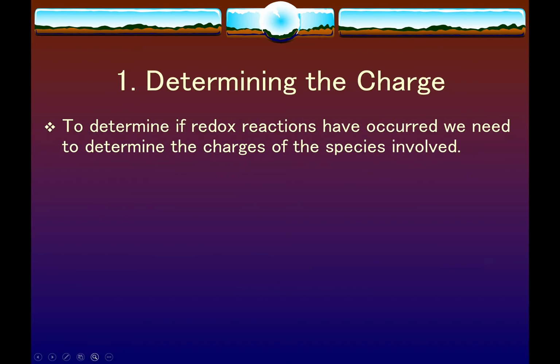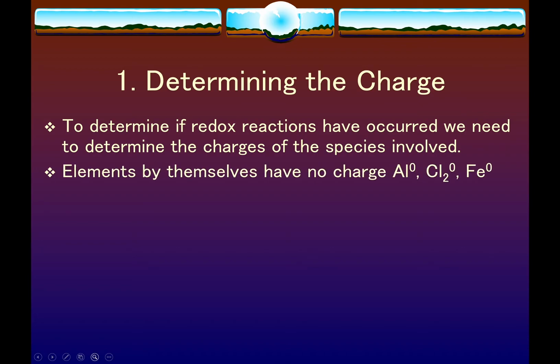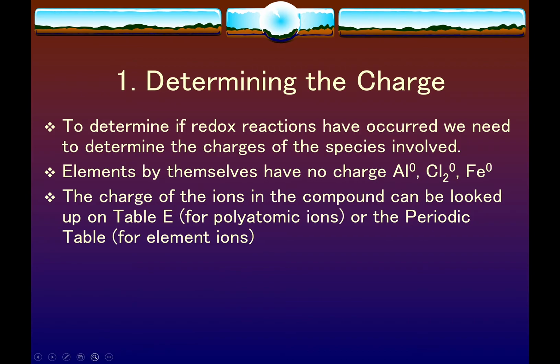Now, in order to do these types of problems, we have to be able to determine the charge that each of our species has, so we can keep track. Does the oxidation number change from beginning to end, or does it remain the same? So we have to look at the charges for every species that's involved. If the element is by itself, there is no charge. Its oxidation number would be 0.